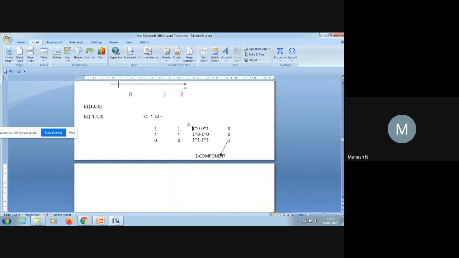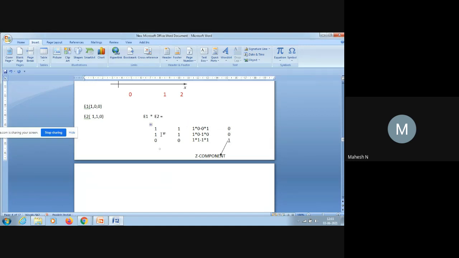Minus the second row, second column into the third row, first column: 1 into 0 minus 0 into 1. It is 0.